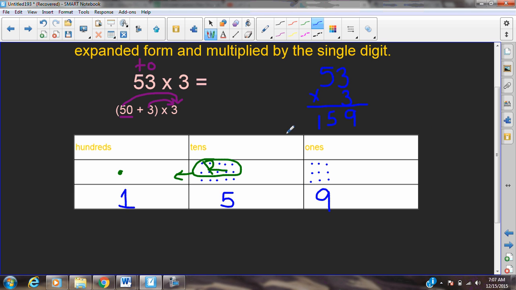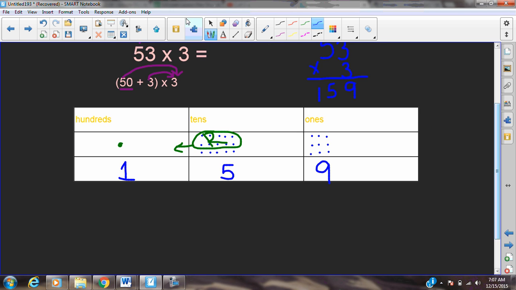So really, if I can take a minute to write this a little bit smaller so you can see, what I've done is I've multiplied 3 times 3, and then I've multiplied 50 times 3, and so you write it under here, and then all together you get 159.